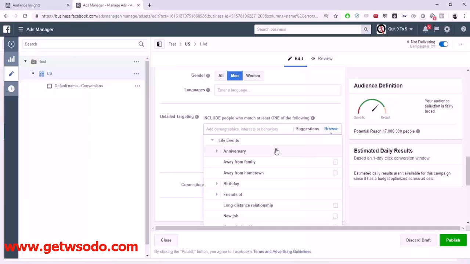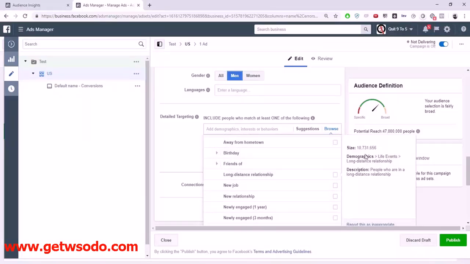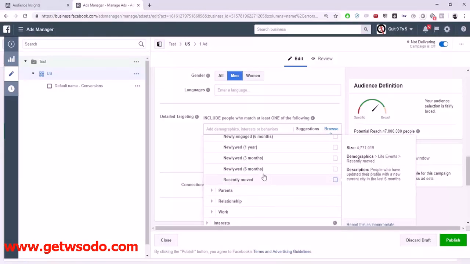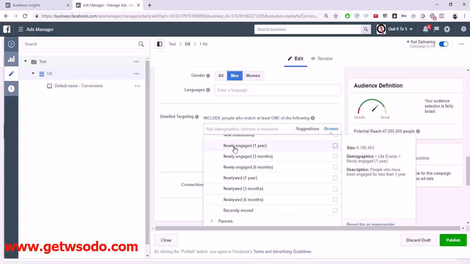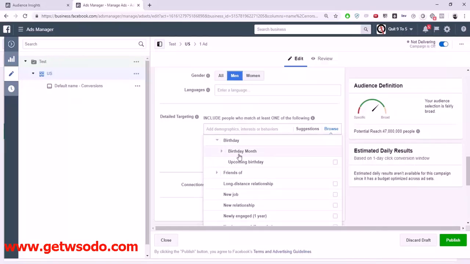Life events: away from hometown, long distance relationship. There's 10 million people that said that they're in a long distance relationship right now. So these are people that have announced this stuff to Facebook. They have, I'm newly engaged, recently moved, just had a baby, that type of stuff, birthday month, upcoming birthday. There's just a ton of stuff where people will classify themselves on Facebook, and you can just target this.